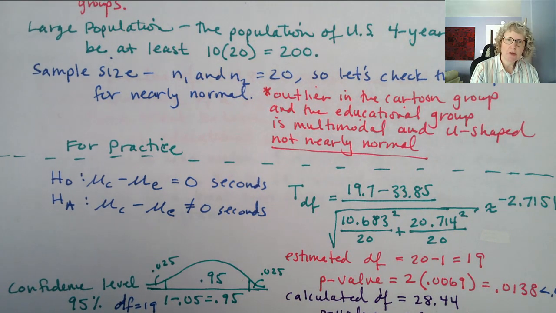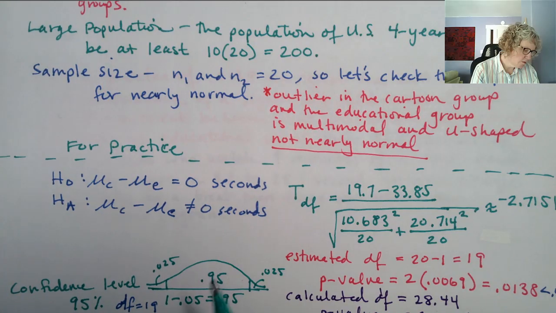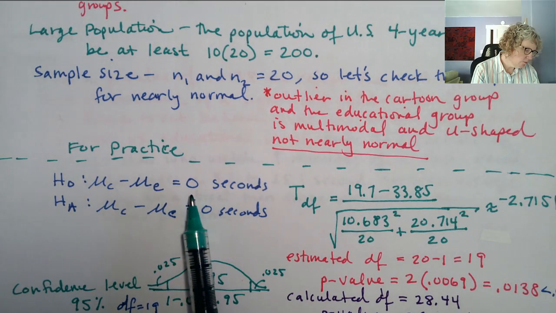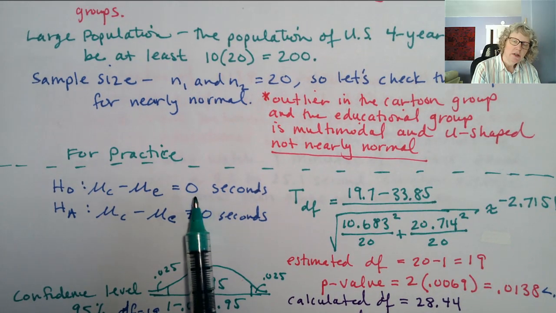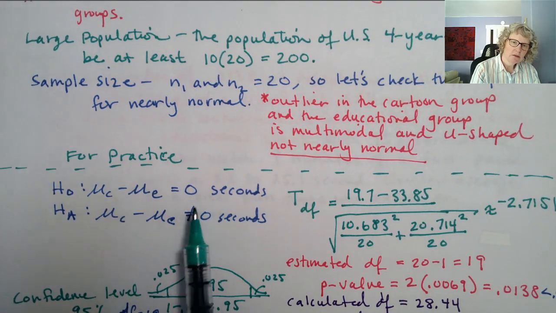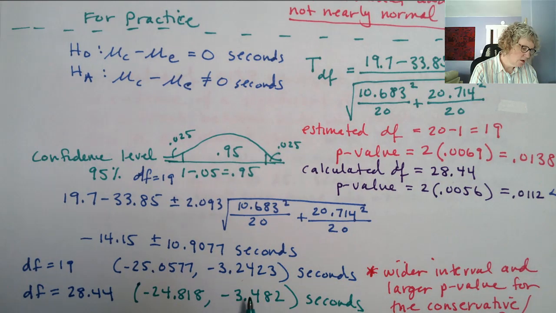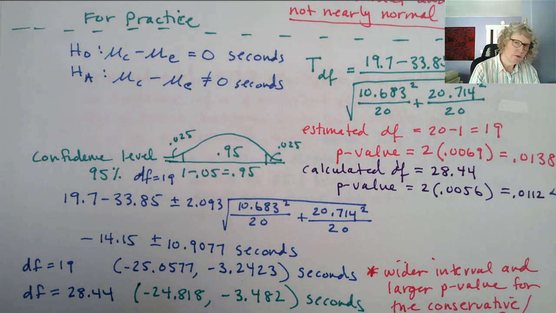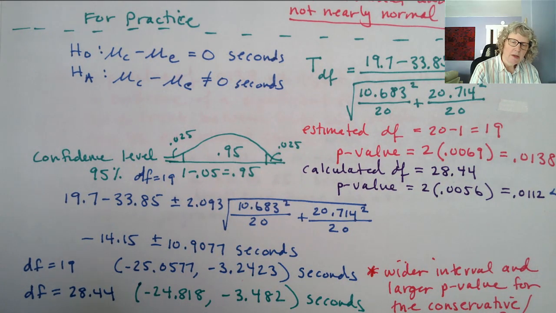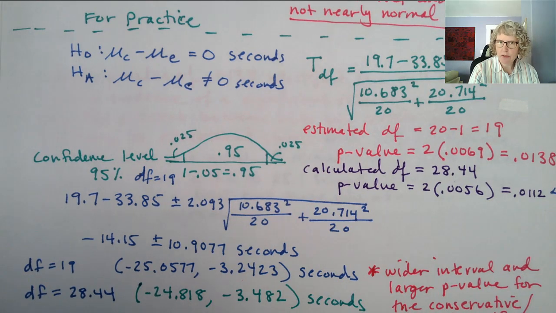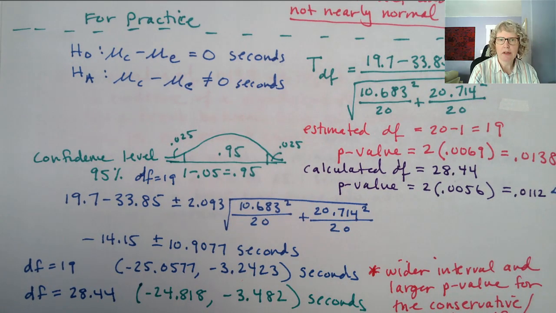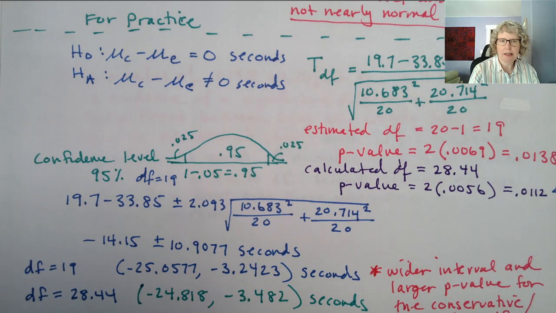And if you want to take a moment and think of that yourself, you're welcome to do that. Just pause it. Our null is 0 seconds, right? So if the null is in the interval, then that sides with the null. That agrees with the null. And it's a two-tail, so we're just talking in or out. If it's a one-tail, we have to think, well, which way is the interval, right?